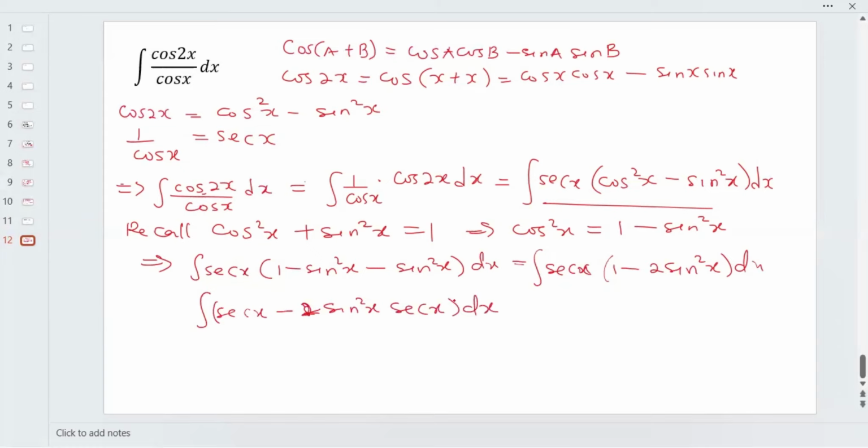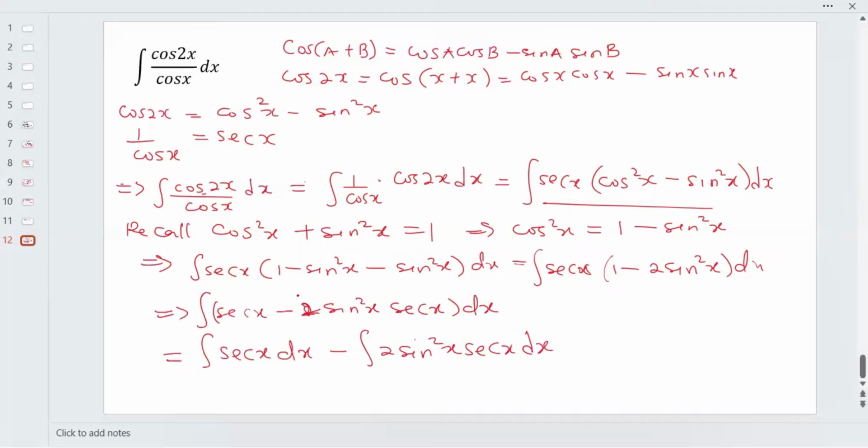Since integration is a linear function, I can apply linearity and say this gives me the integral of sec x dx minus the integral of 2 sin squared x sec x dx.